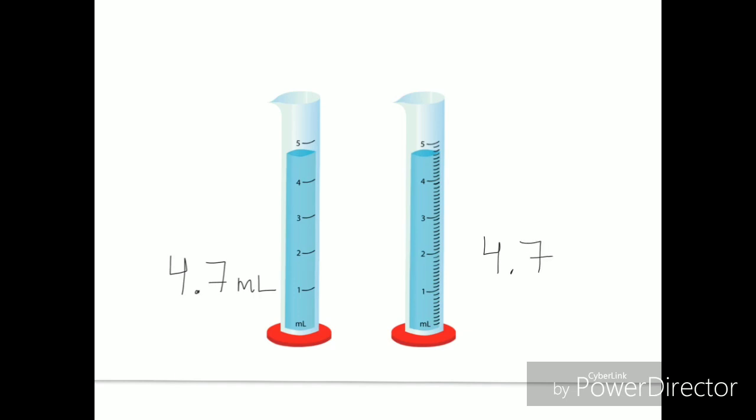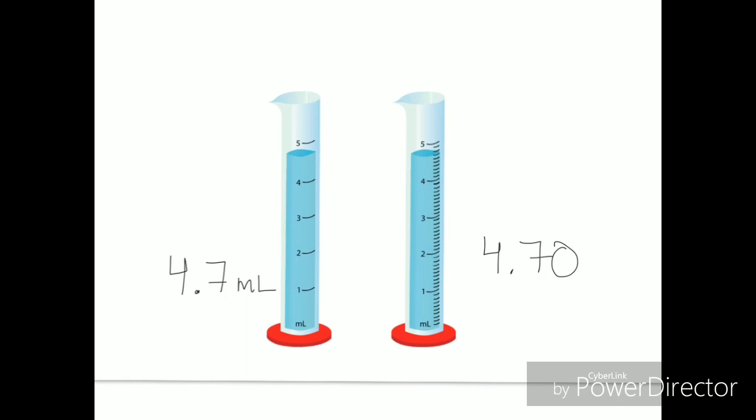But we need a way to show that the measurement is actually better or more accurate than the one on the left. So in order to indicate that this has more significant digits, a more meaningful measurement, we're going to have to estimate one additional digit. So we could estimate the digit 0.